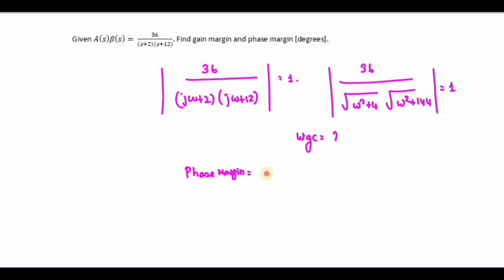Once you find the value of omega GC and substitute it, you can find the value of phase margin, right? With the help of a calculator, I have found the value of omega GC.